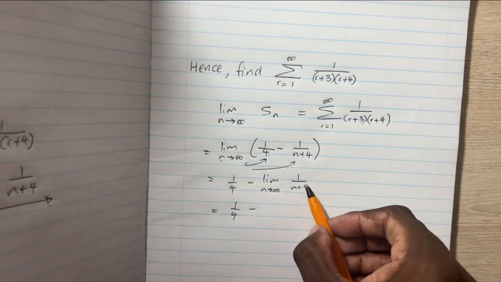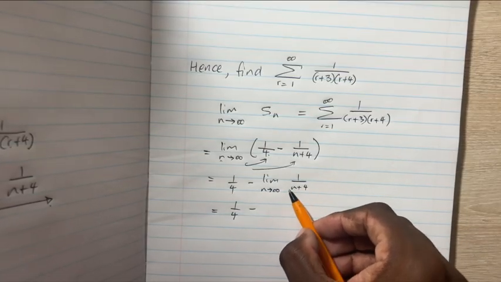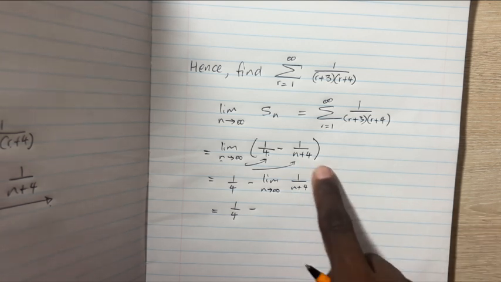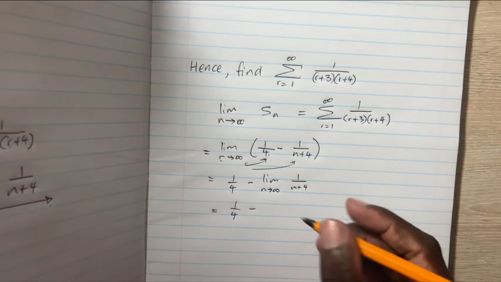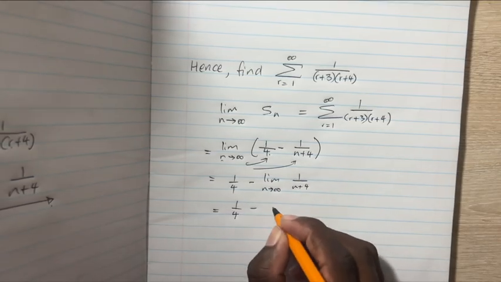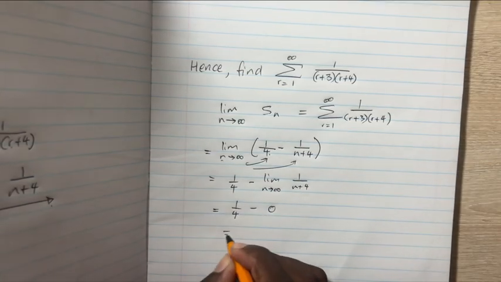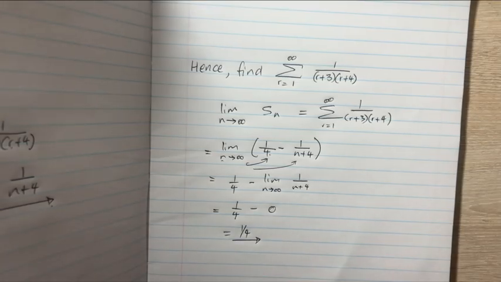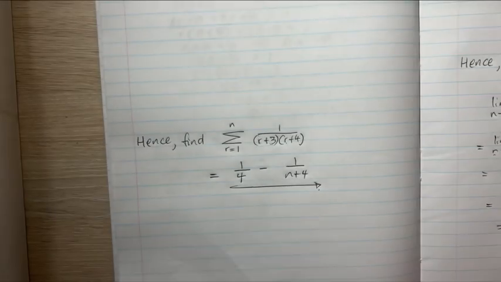So if that denominator keeps increasing and the numerator doesn't change, the value approaches 0. That's part of the limit laws. So minus 0, which means the sum to infinity is 1 over 4. Okay, that's what that is.